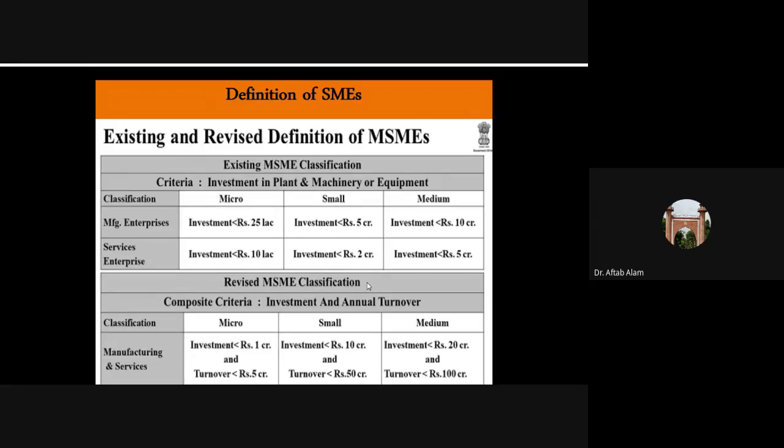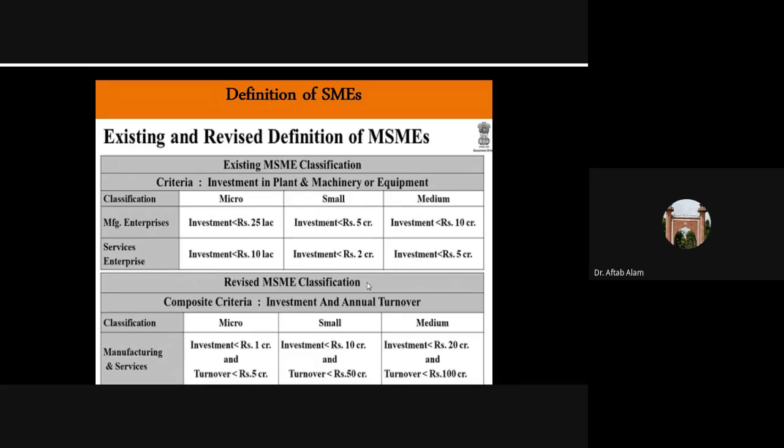So for a micro service enterprise the investment limit is 10 lakh or 1 million only, whereas for a small service enterprise the limit is 2 crore in investment in plant and machinery, whereas for medium service enterprises, the investment limit is up to 5 crore.